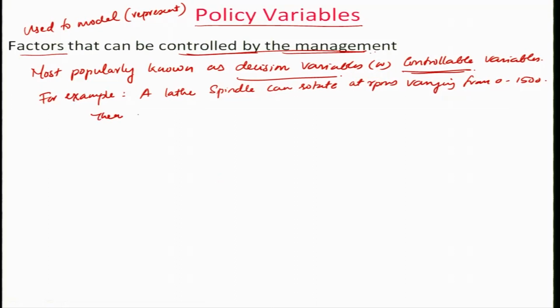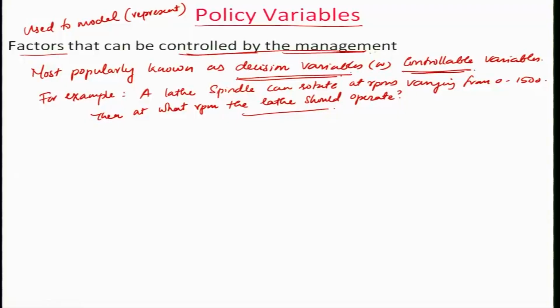Then at what RPM should the lathe operate? That is a decision variable for you. Should it operate at 200 RPM? Should it operate at 500 RPM? Should it operate at 1000 RPM? That is the decision you have to take, because the speed of the lathe is controllable. This speed can be controlled by you, hence that is the controllable variable.